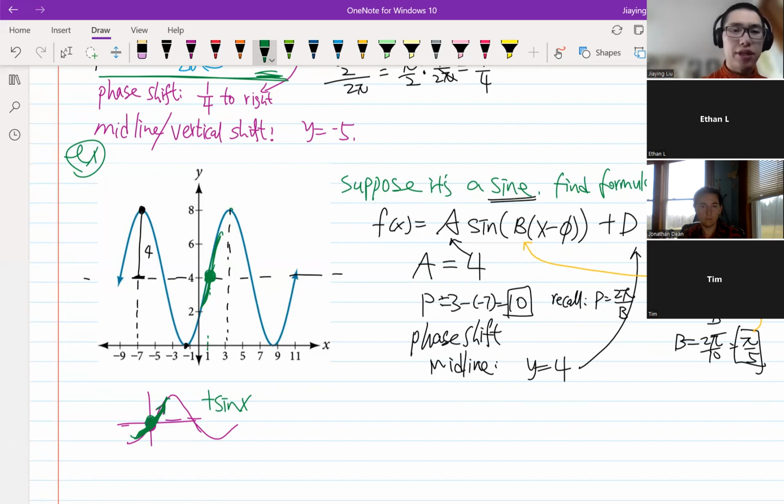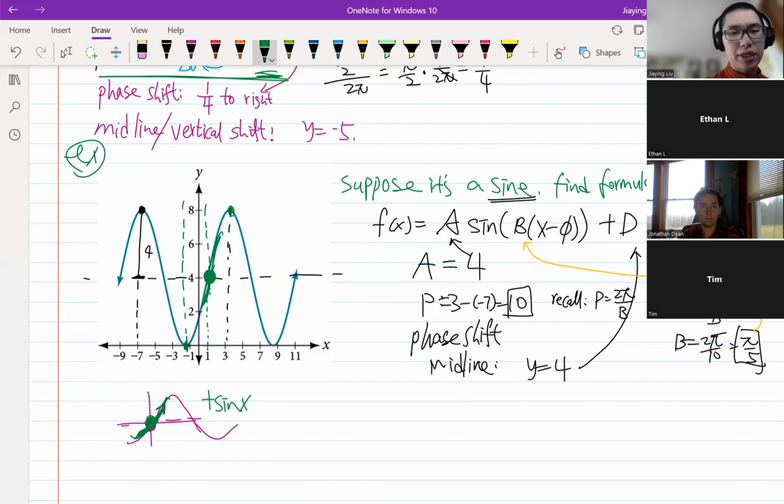So from here to there, that's 10. This is halfway, so that's the halfway point. And this point on the midline is another halfway point of the second halfway. I don't think it's 1. Let me take it back. I think I didn't estimate correctly.